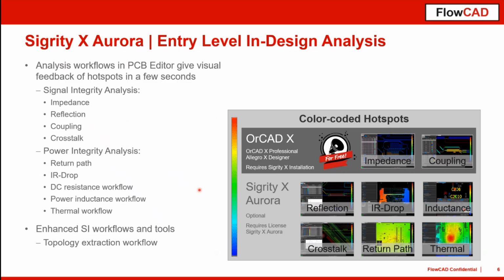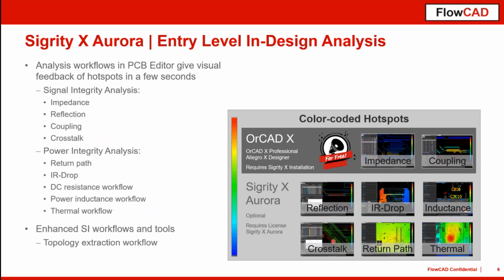Starting here, as mentioned before, with the Sigrity Aurora environment, also called the in-design analysis. If you already have OrCAD X Professional or Allegro X Designer, you have the impedance and coupling scan directly on hand without any additional license. You just need to install the Sigrity X toolkit.